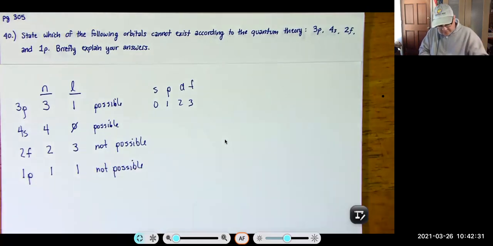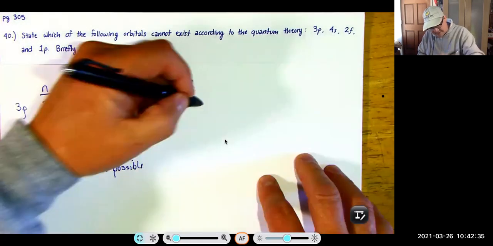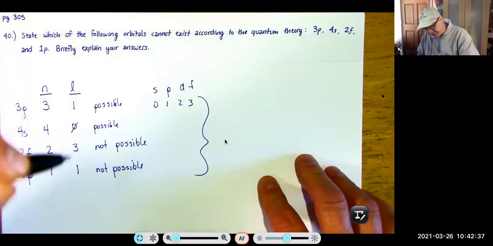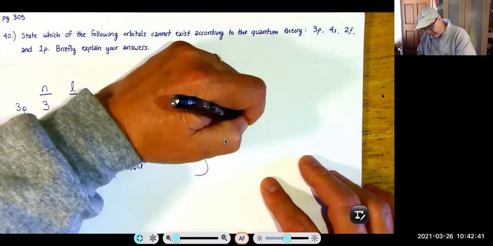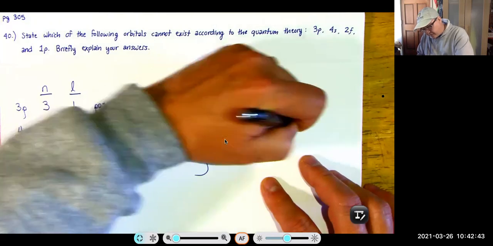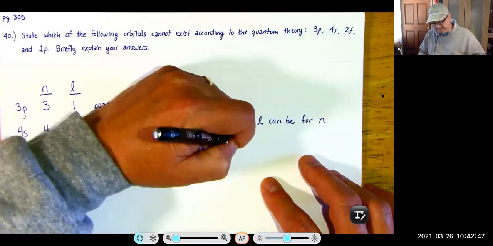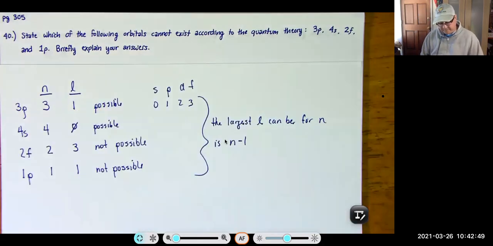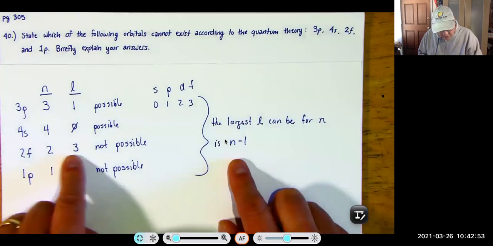So here we could explain all of these with the idea that the largest L can be for n is n minus 1. So here, the largest L can be is n minus 1. That's a 1.